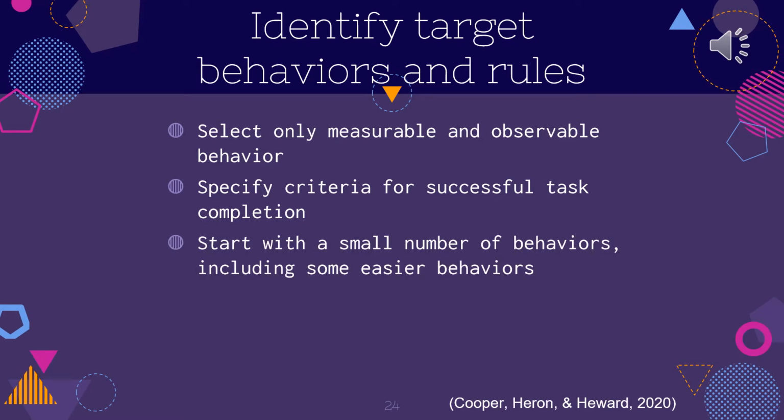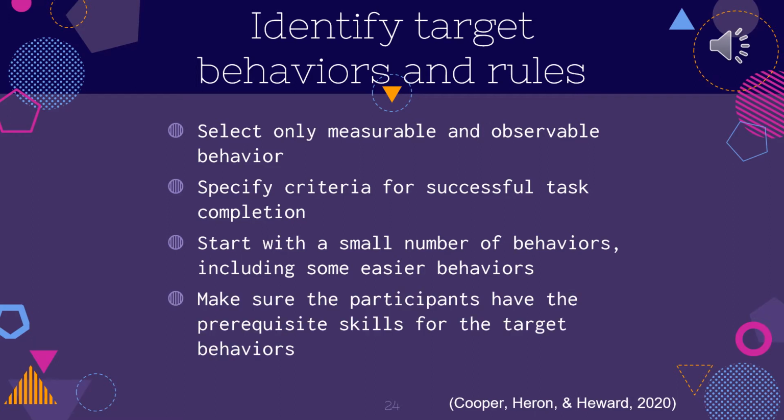This will make it so that the client will encounter the contingency and will receive reinforcement. You should also make sure the participants have the prerequisite skills for the target behavior. Again, this is to ensure that the client will attain reinforcement. And if you're applying a token economy to a group, you should individualize the target behaviors and rules to increase the effectiveness of the token economy.